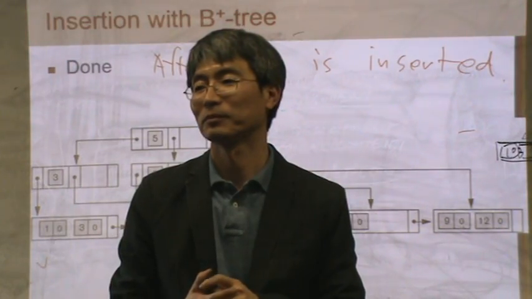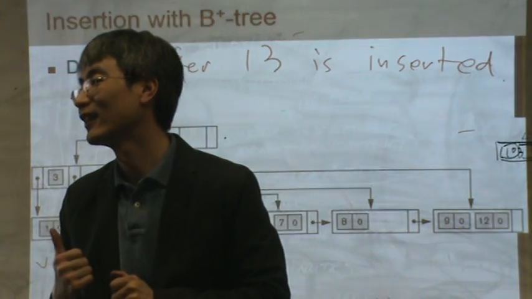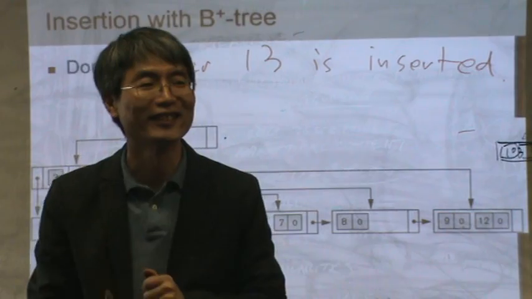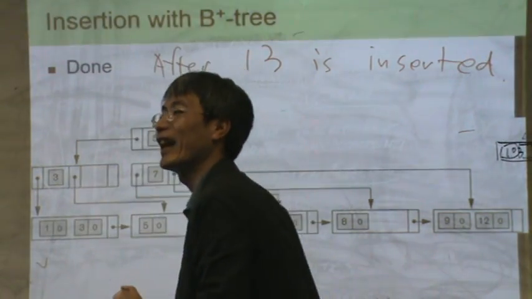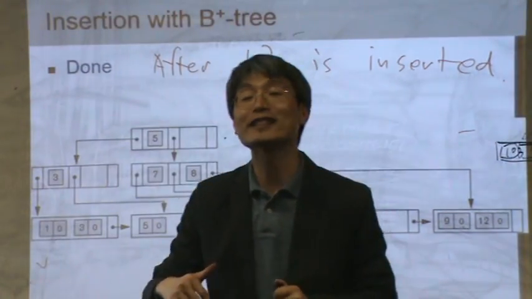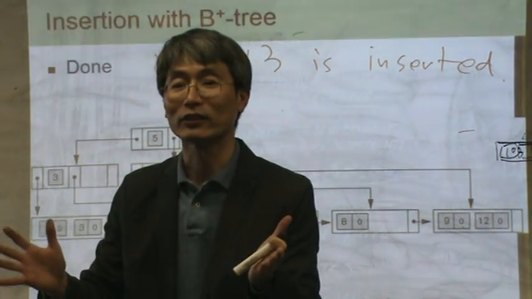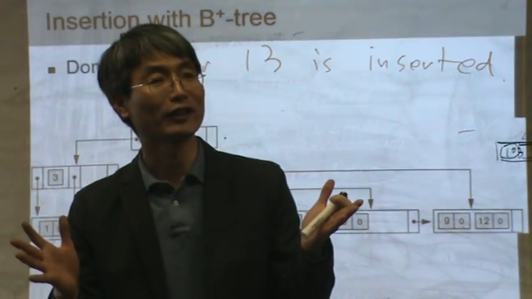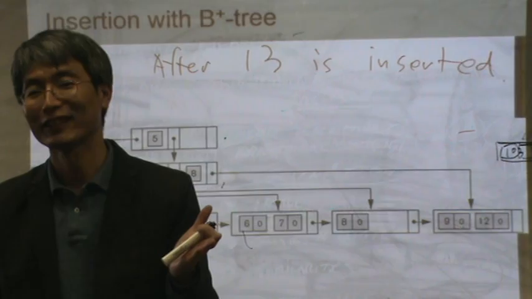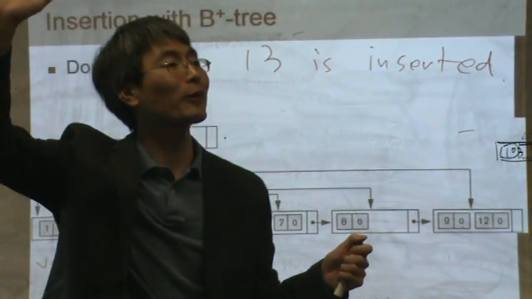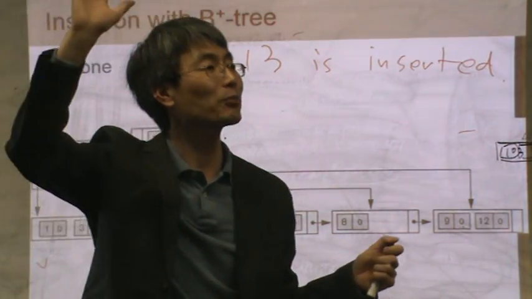How? Best way is recreate. You can remove the index and create it again. It's like the compact, right? The defragmentation in Windows XP, right? Do you remember the defragmentation in Windows XP?